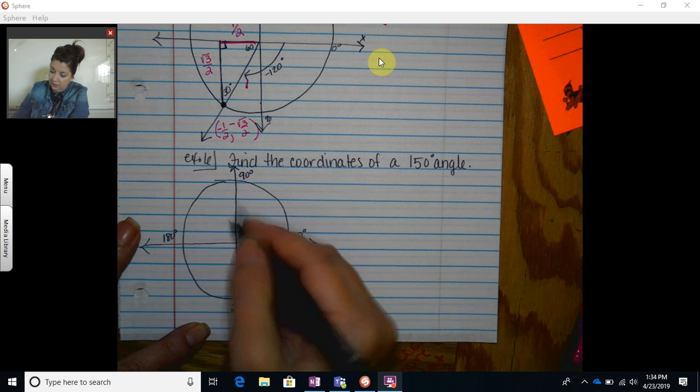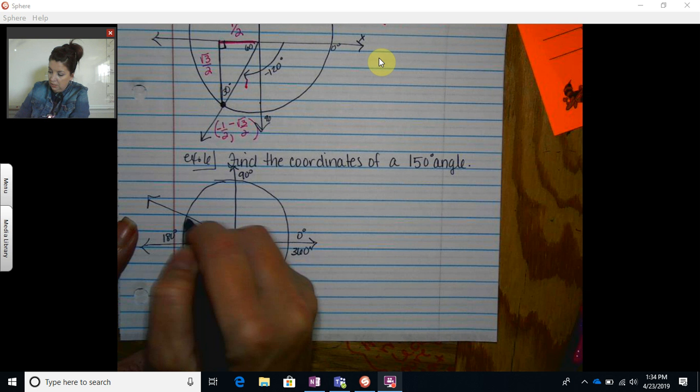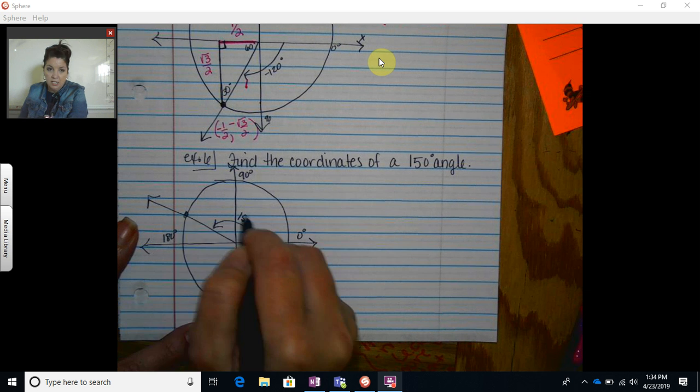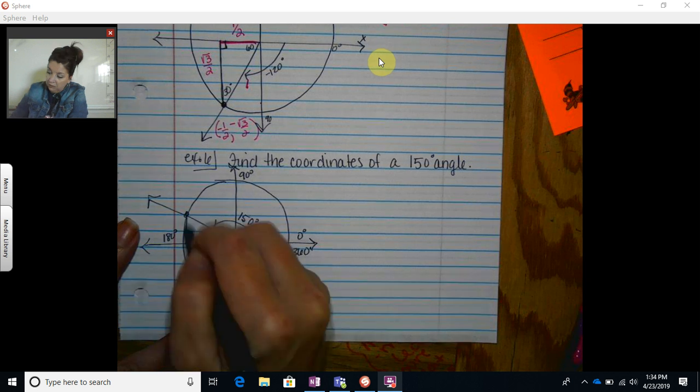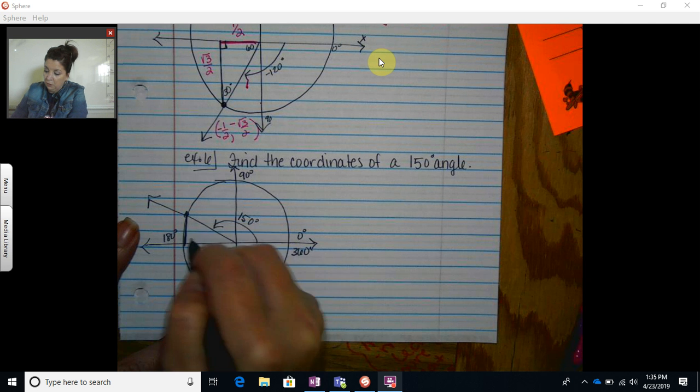So from here to here is 150 degrees. Can you have a right triangle that has a 150-degree angle? No. So we're going to have to use the other side to help us figure out what this ordered pair is.